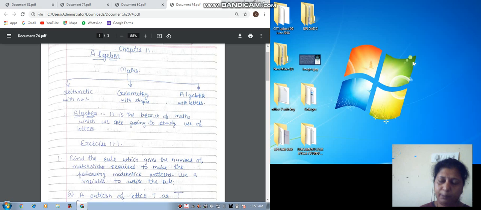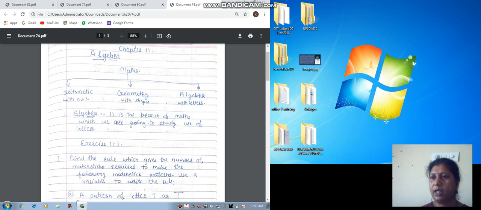Then we prepared a table. In the first row we wrote the number of L's, and in the second row the number of matchsticks required. Then we found the rule with the help of a variable: the number of matchsticks required is equal to 2n. Get it?